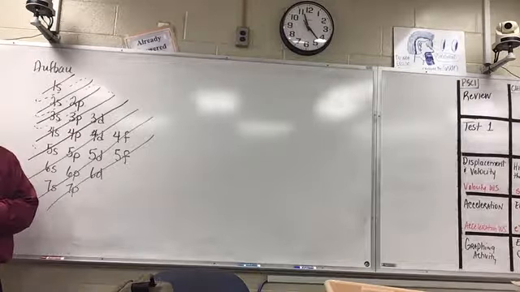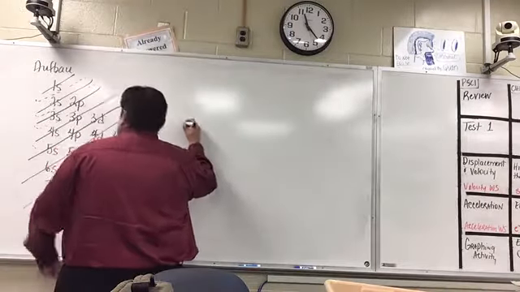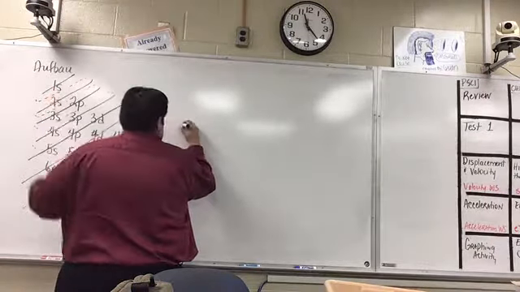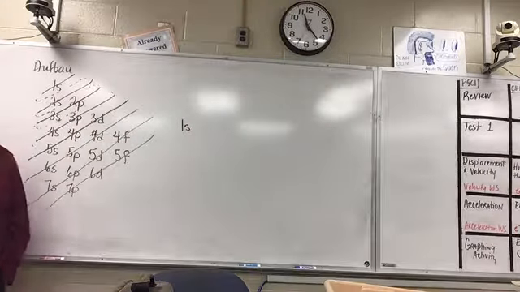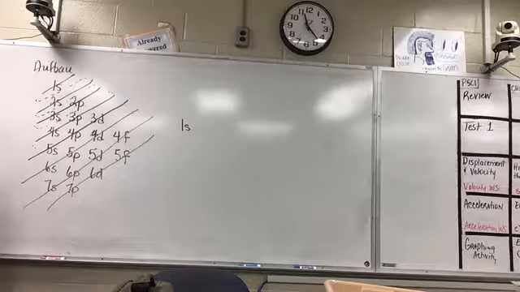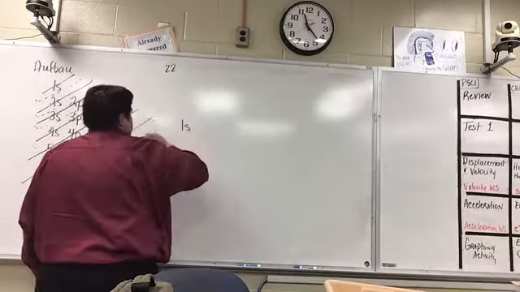What's the first orbital I'm going to use? S. Specifically 1s. So therefore, there's my 1s. How many can the 1s hold? 2. So therefore, how many do I got again? I got 22, right?